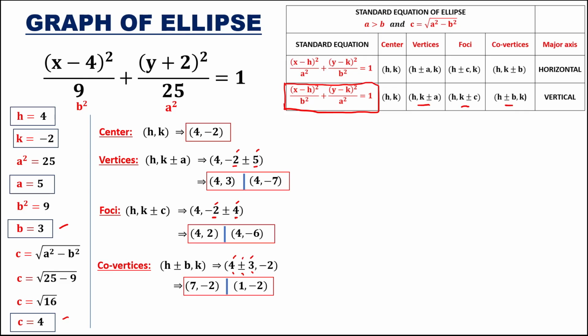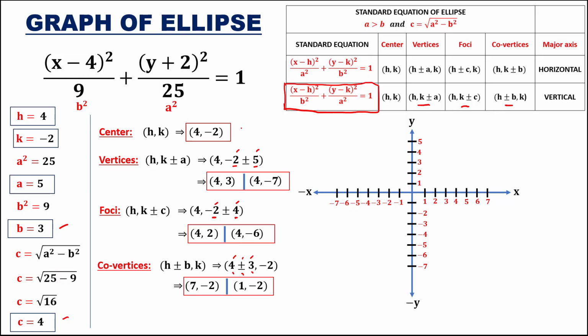Then to graph now this ellipse using these coordinates, from the center, X is +4, Y is -2. So this is now the point for the center. Then for these vertices, positive 4, positive 3.